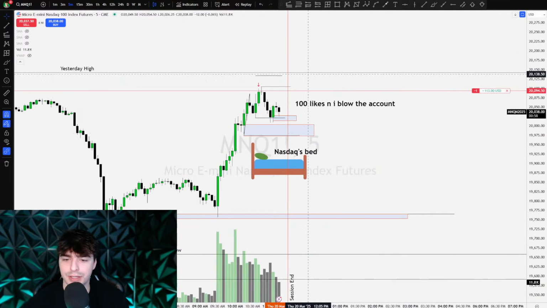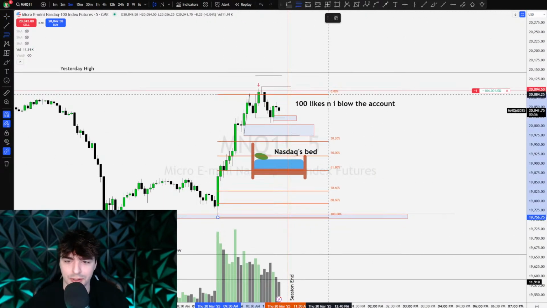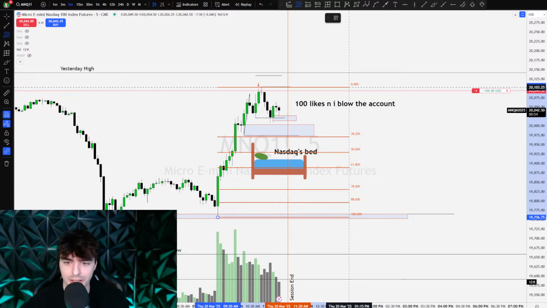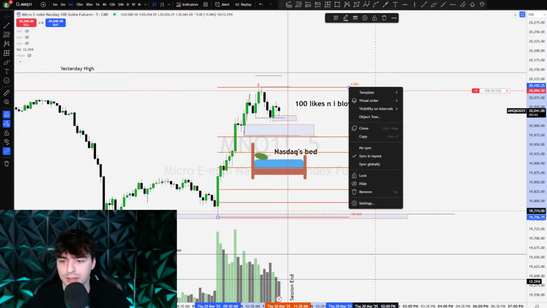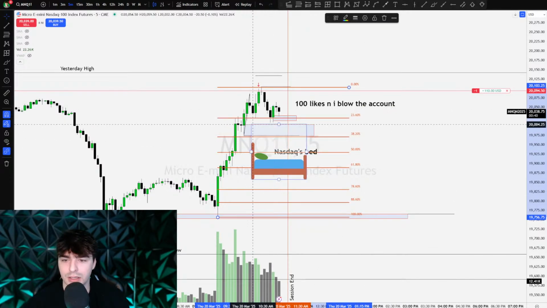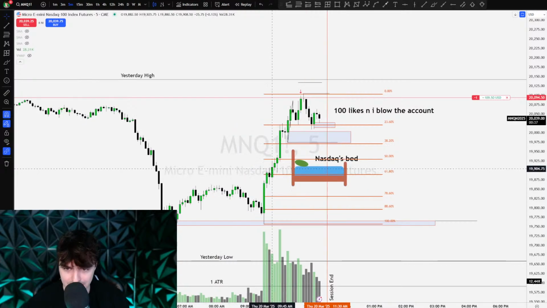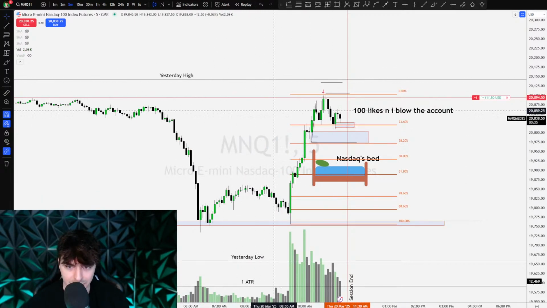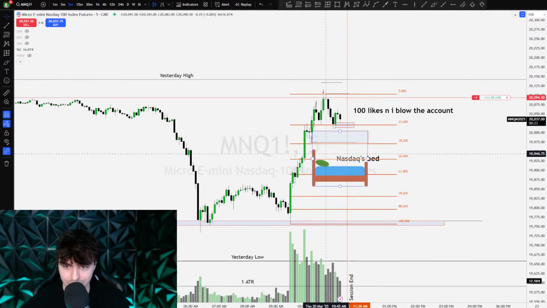Is there any reason why we're stalling out here other than being at stops? 382 is at my target. Let's check the 236. And that's exactly where we're at. That's not good. And we're not closing below it on the 5-minute time frame.